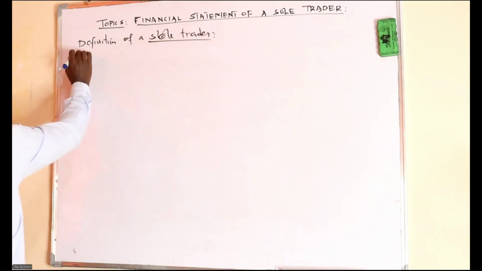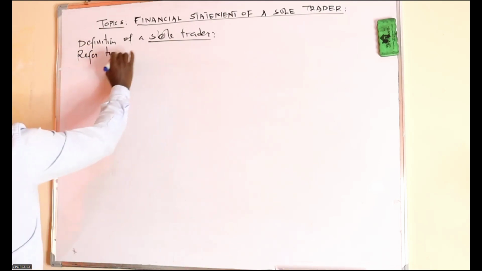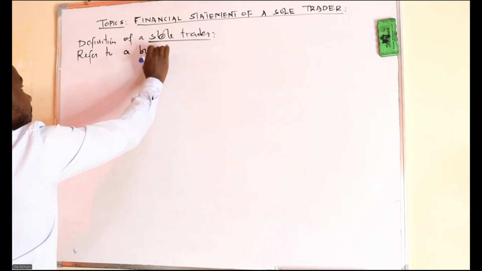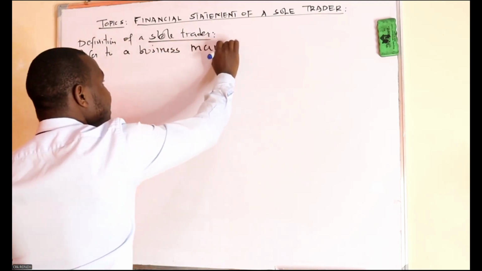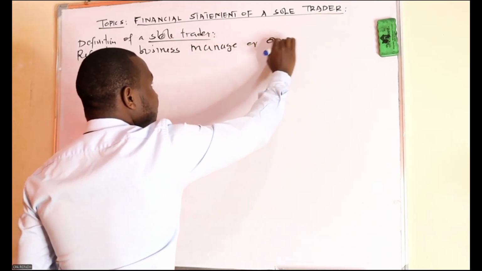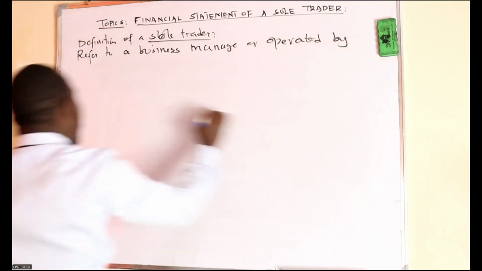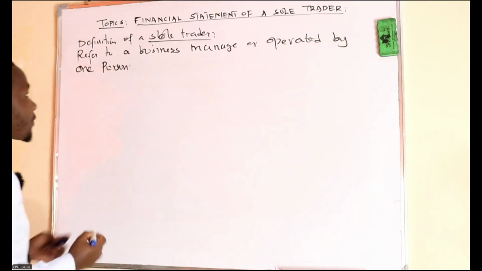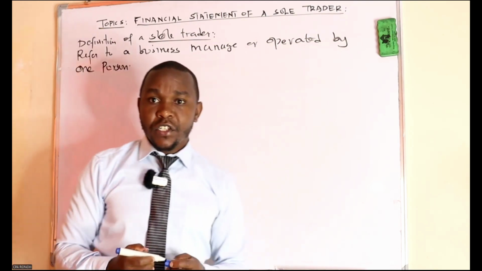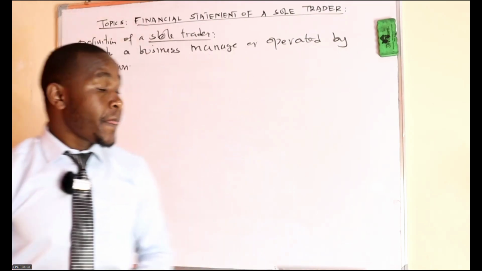Then you can say it refers to a business managed or operated by one person. That's what we call a sole trader. It is a business which is being run by one individual.